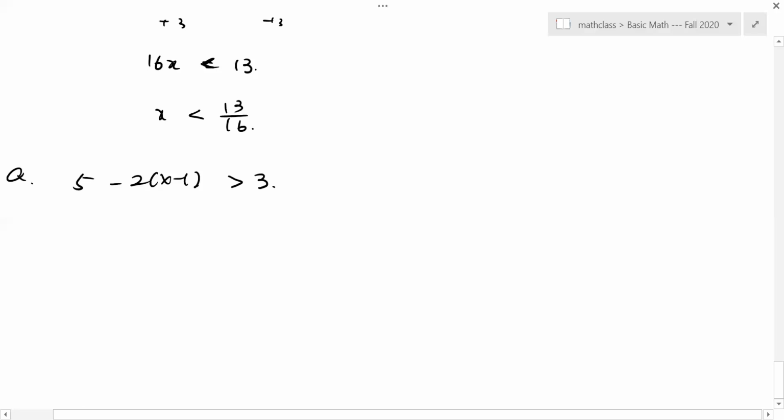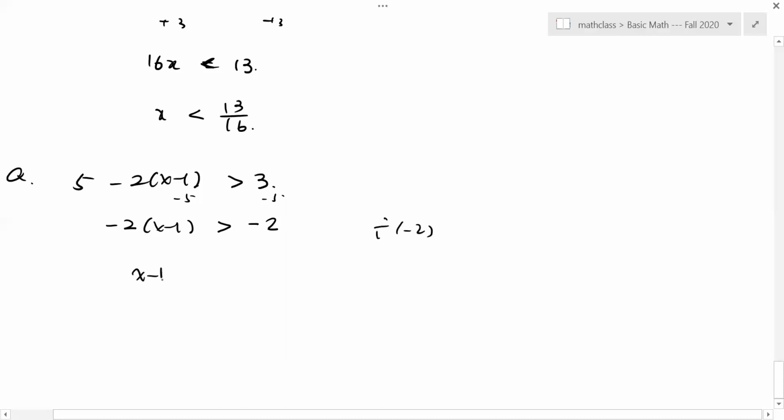Okay, so let's see. We can move 5 to the left side, right? So negative 2 times (x minus 1) greater than 3 minus 5, which would be negative 2. Okay, right? You can subtract 5 from both sides. Then this time a little bit differently, I'm not going to multiply this out. What I'm going to do is divide both sides by negative 2.